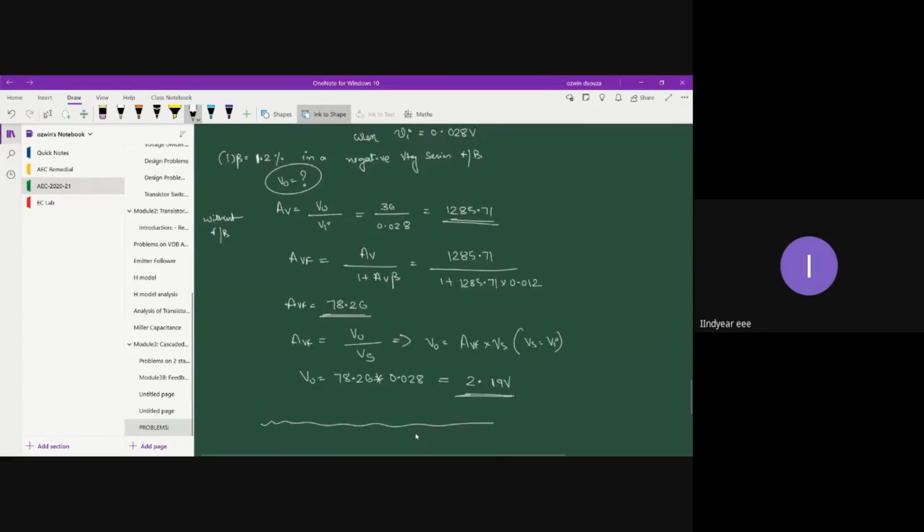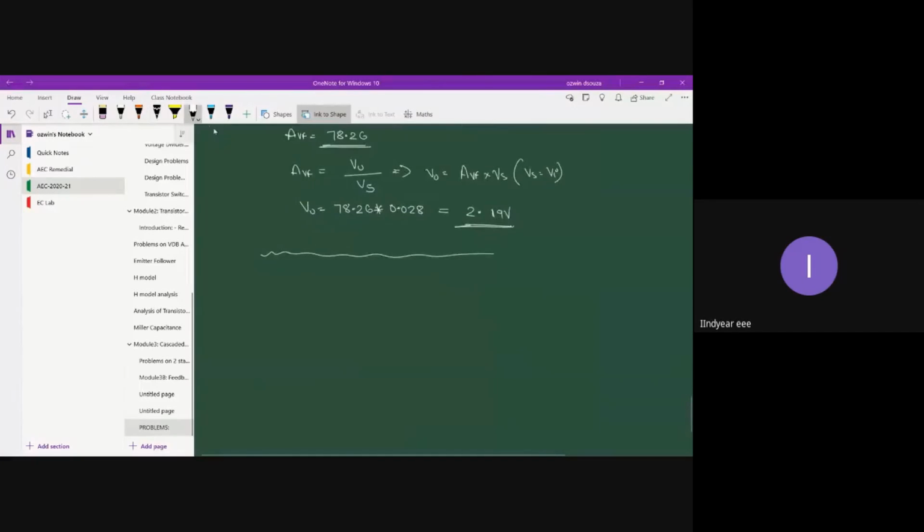This is problem number 5. It says an amplifier having a voltage gain of 20 dB uses 1/20th of its output in negative feedback.